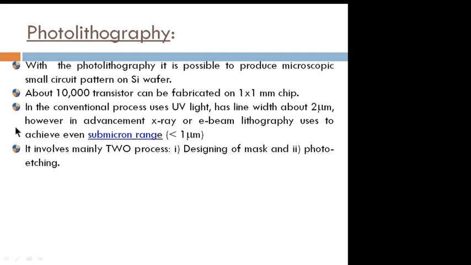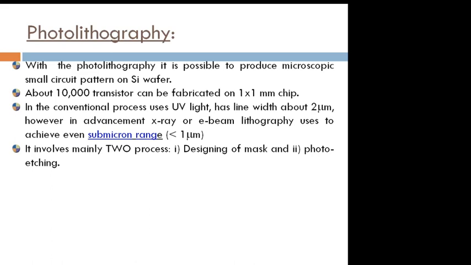Anyway, in principle photolithography has two parts. Keep one thing in mind: these two processes also have sub-processes. Again and again this will come up: in every process there is a sequence of further processes.